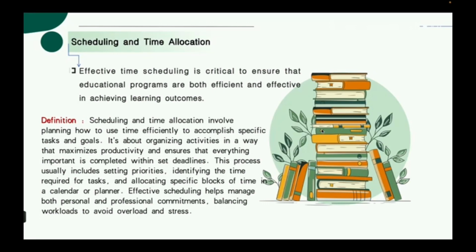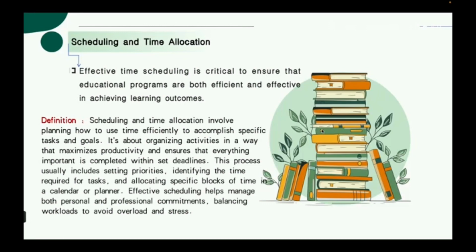First of all, the definition of scheduling and time allocation. It involves planning how to use time efficiently to accomplish specific tasks and goals. It's about organizing activities in a way that maximizes productivity and ensures everything is completed within deadlines.